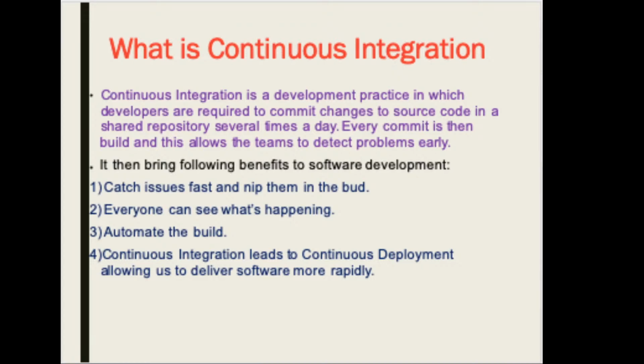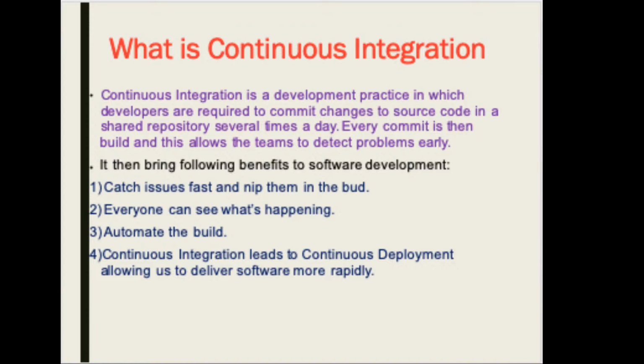And every time you commit, every commit is then built. Once you commit it, then you build it. And once you build, you will be able to detect the problems.